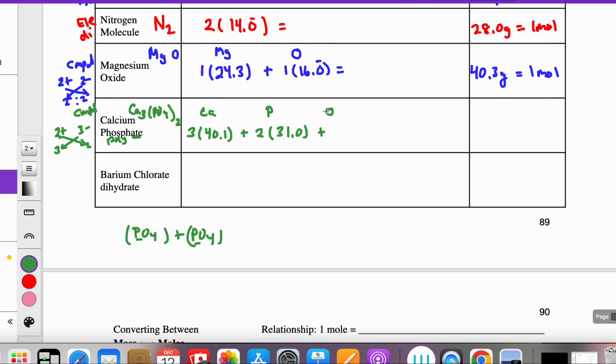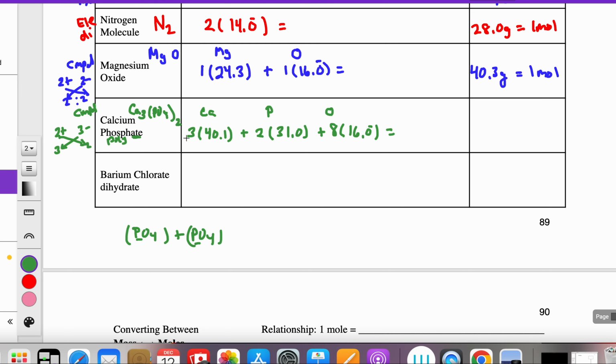Now my last and final element, oxygen. So inside the parentheses, there's a 4, but there's 2 of those units. So I have 4 in this phosphate and another 4 in this phosphate. So subscript inside the parentheses times the subscript outside the parentheses, it's a total of 8 oxygens, and each one contributes a mass of 16.0.